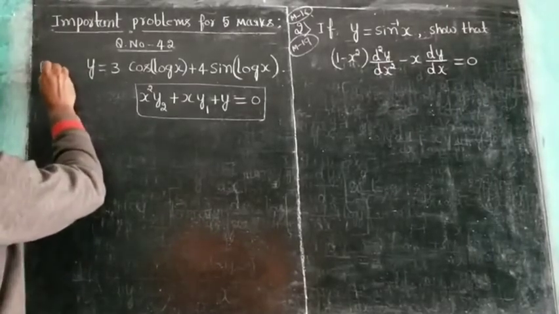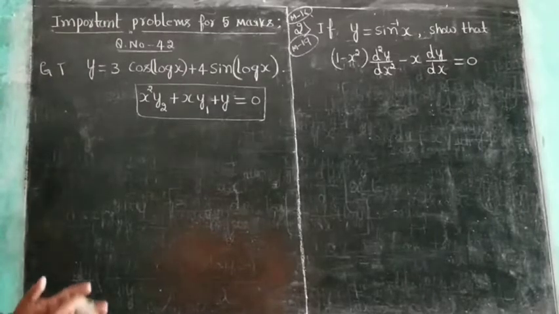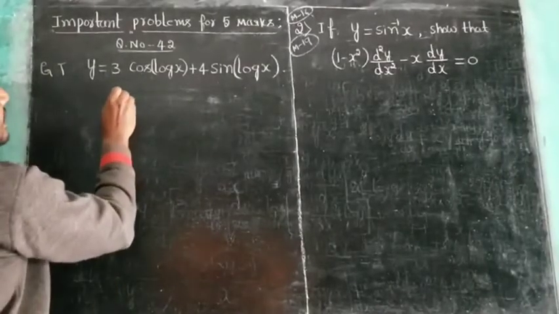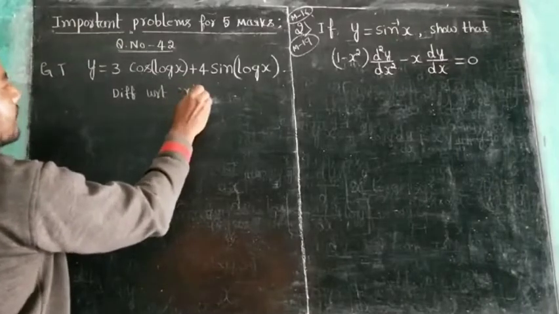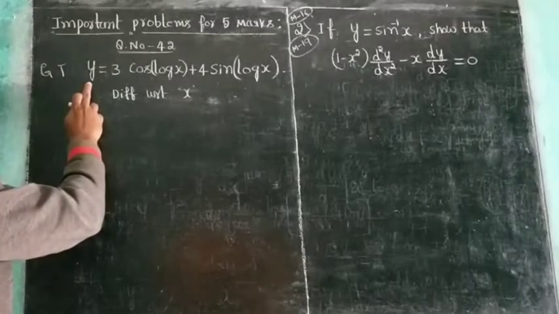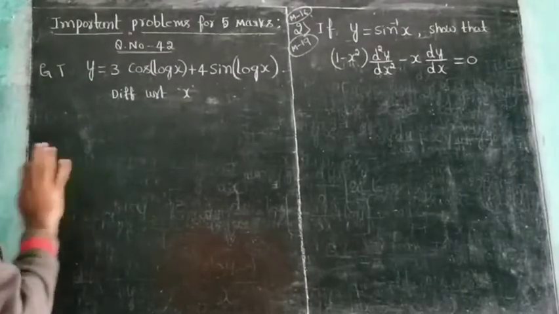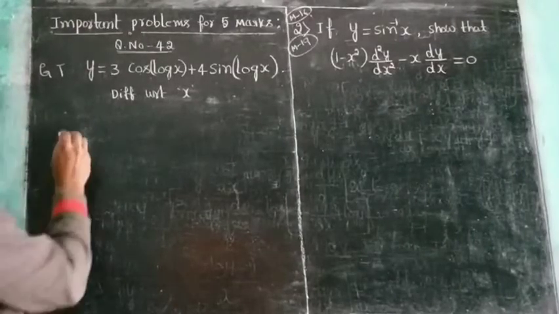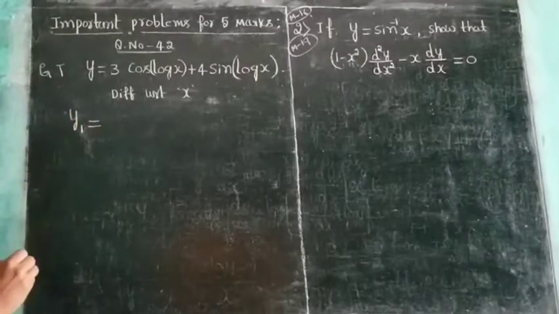First we take the given, and the next step is to differentiate with respect to x. The derivative of y with respect to x is dy by dx, but in the proof there will be y1, so we write y1 is equal to.